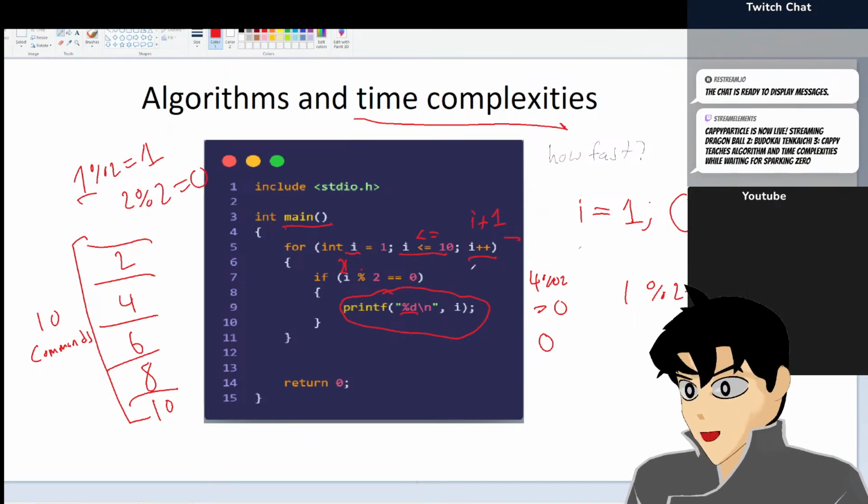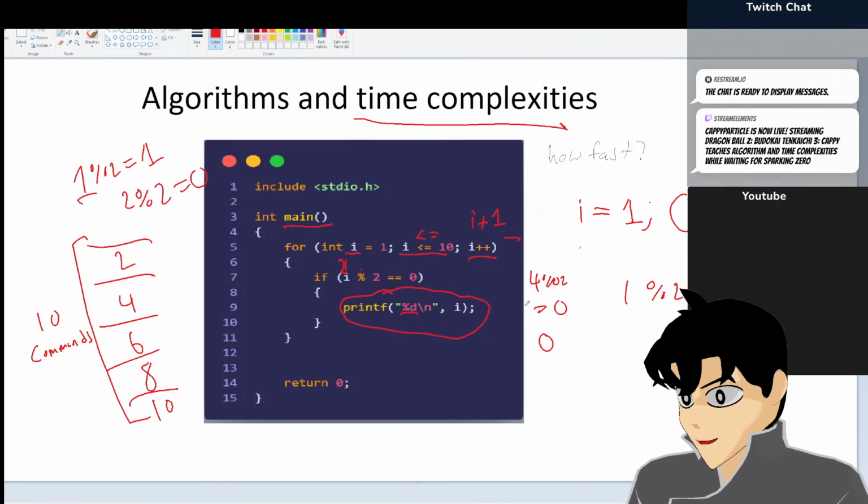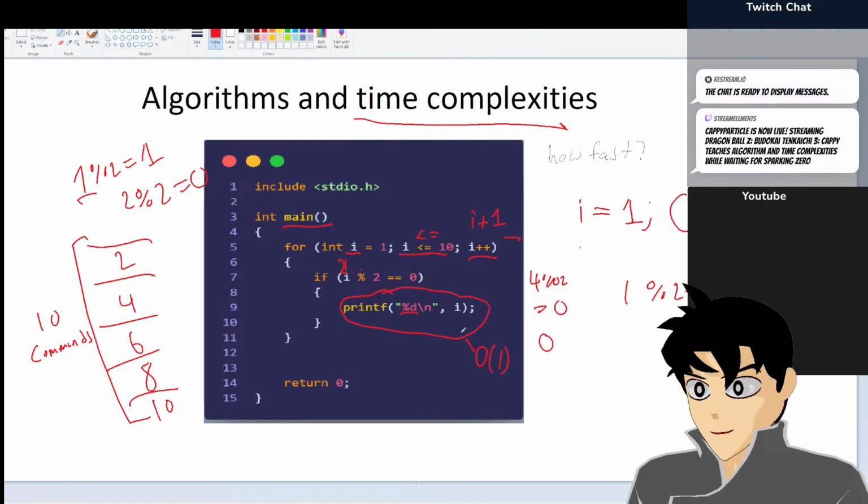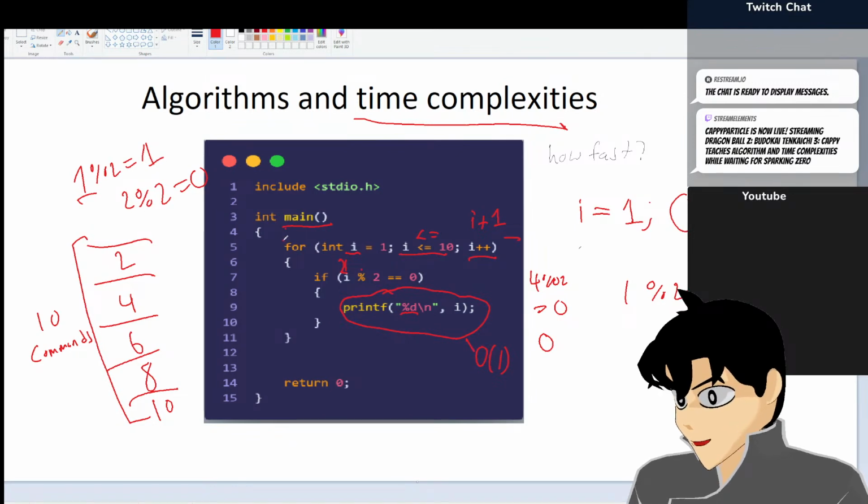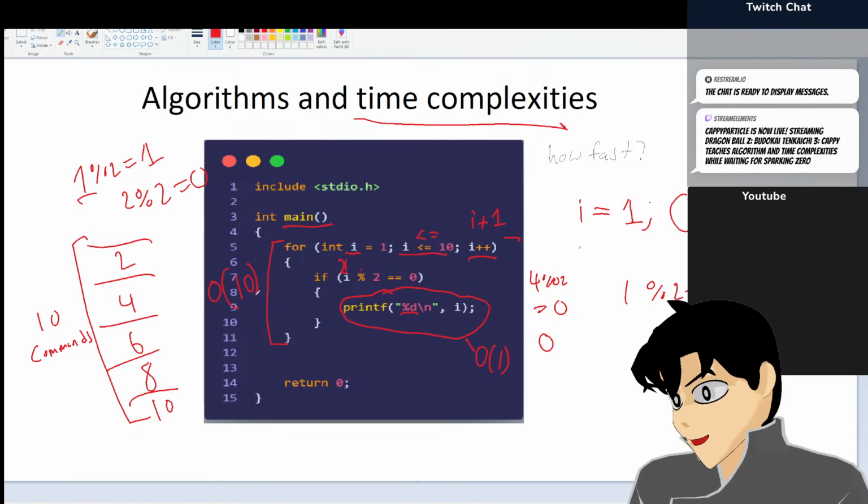In this situation, this function is O(1) because it's just a single operation. And then we move out of this. Since the for loop goes all the way to 10, it's technically O of, really, 10.